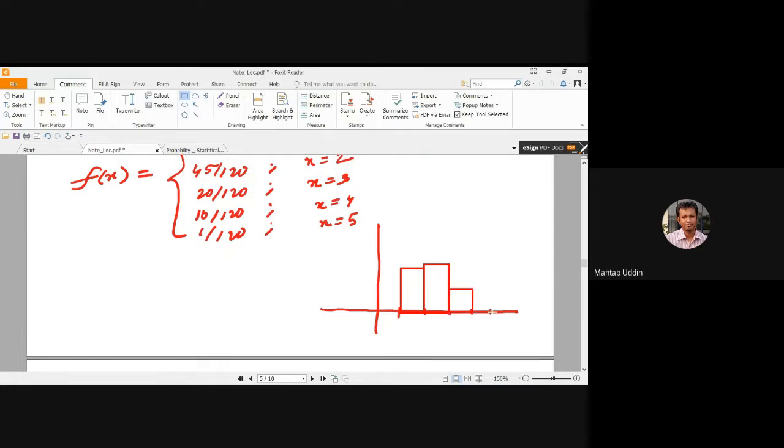Then 10. Then 1. This is the approximate graph.